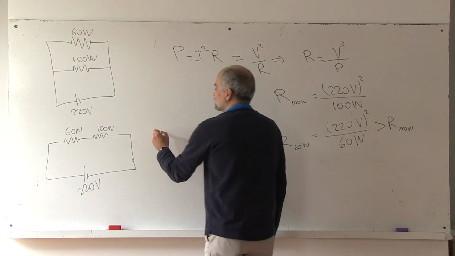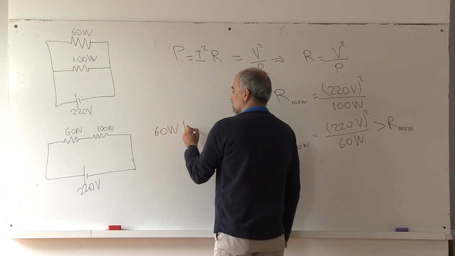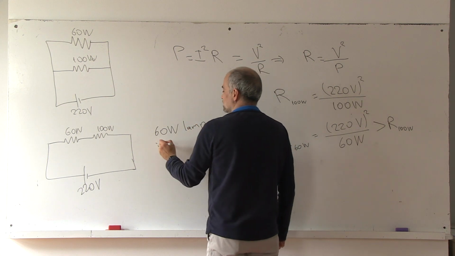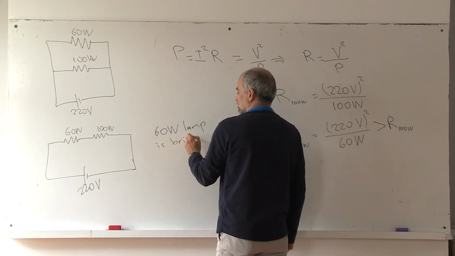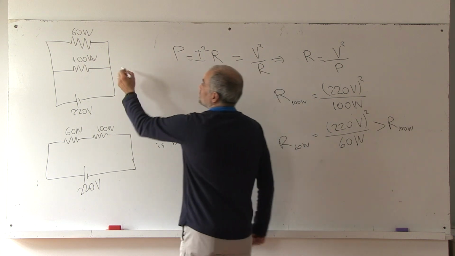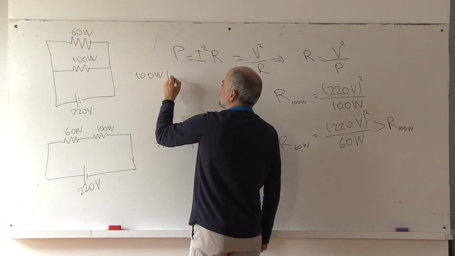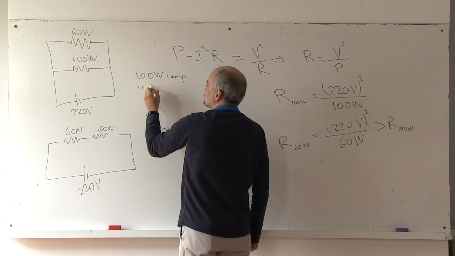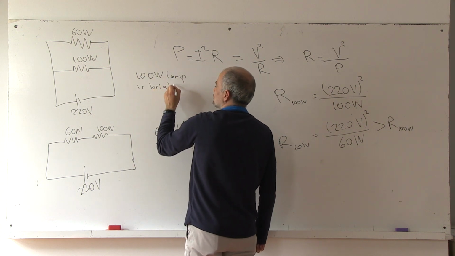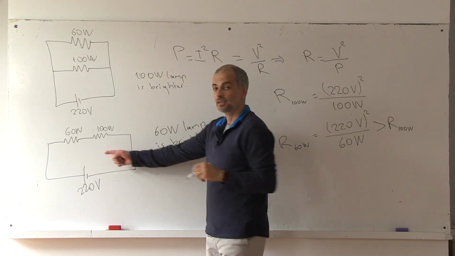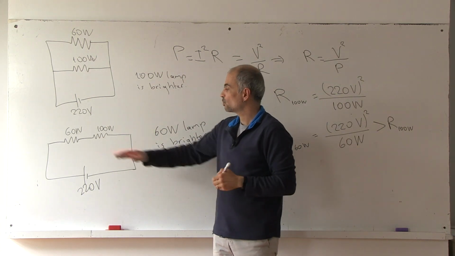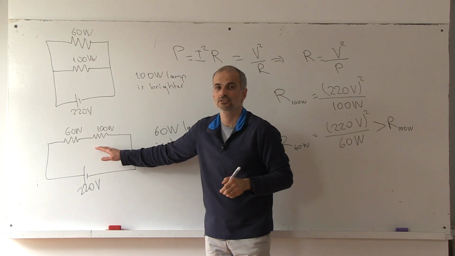So here, the 60 watt lamp is brighter. In this case, when they are connected in parallel, the 100 watt lamp is brighter.